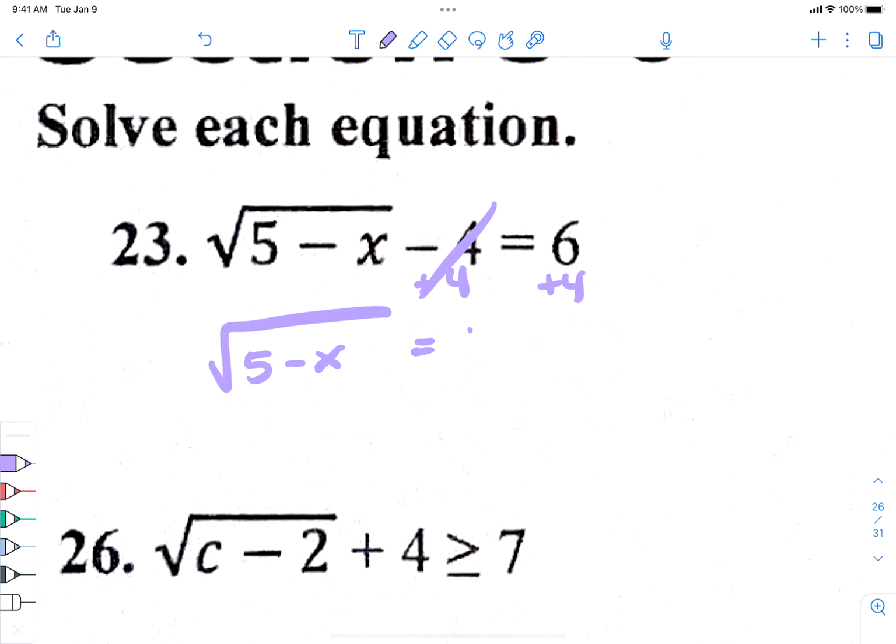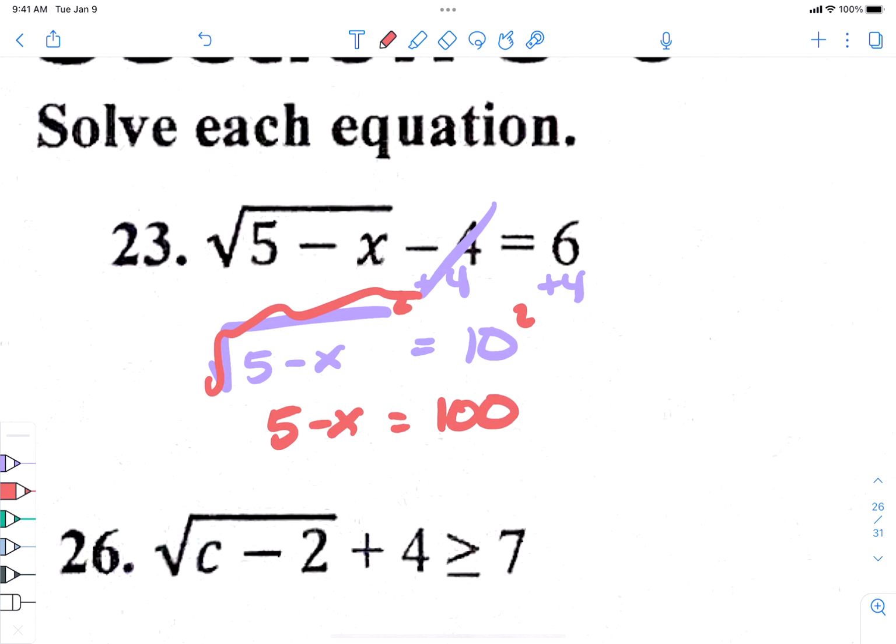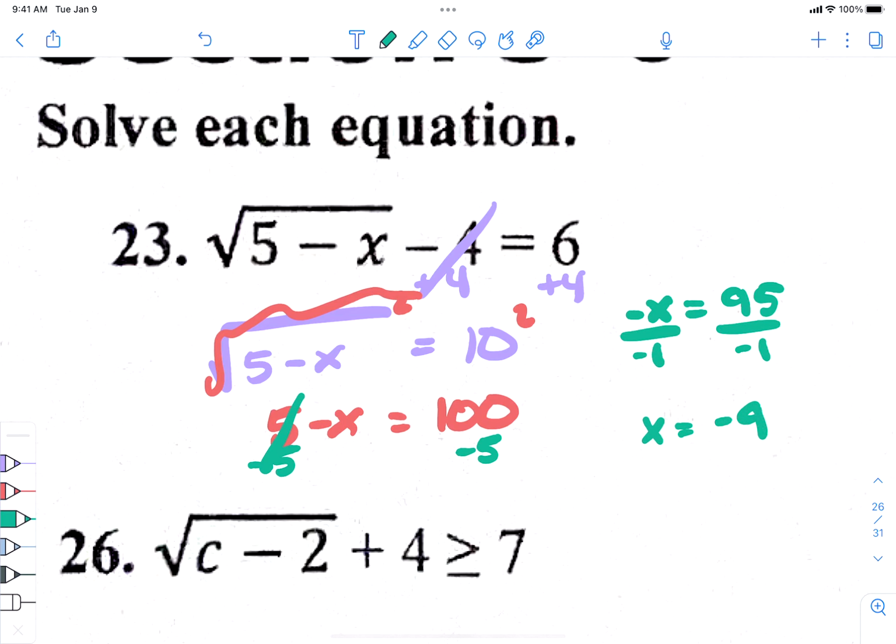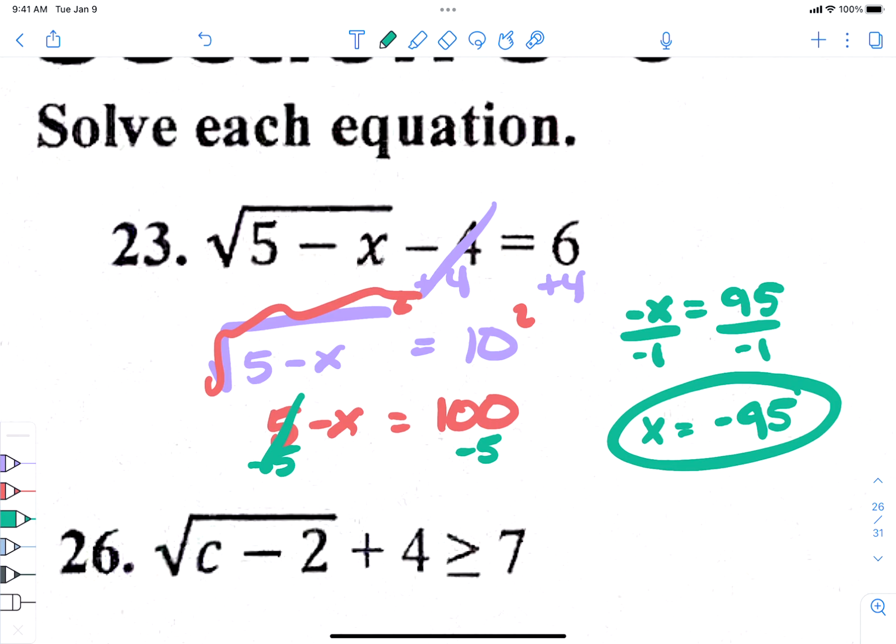This one's kind of tricky. When you do 23, don't forget the 5 is not negative.